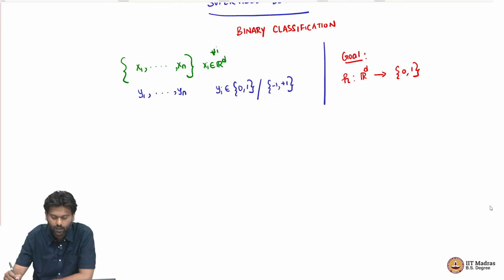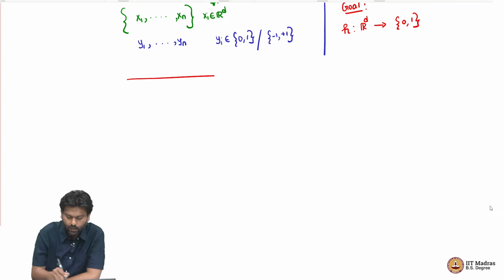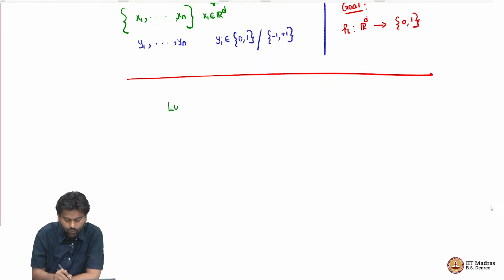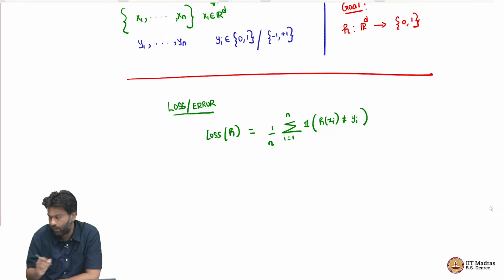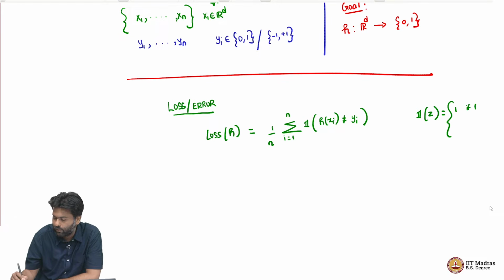So what might be an error that we are interested in for classification? Well, a common, very intuitive loss of a given function h is the following: the loss of h is the sum over i equals 1 to n, maybe with averaging, of the indicator of h(xi) not equal to yi, where the indicator function takes some argument z and outputs 1 if z is true and 0 otherwise.